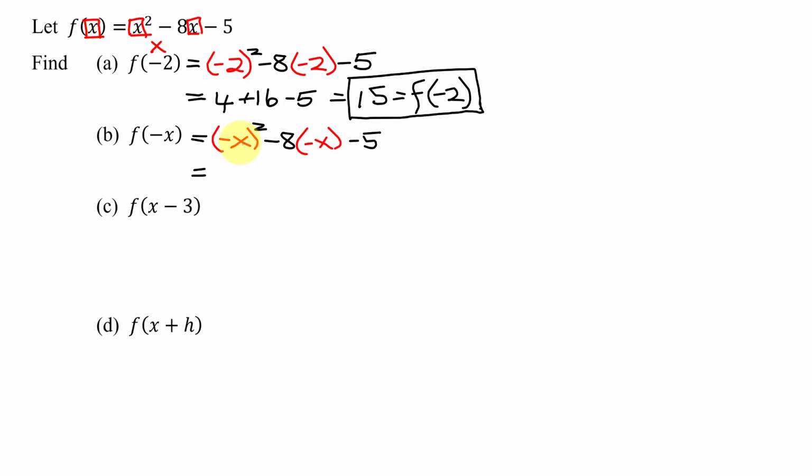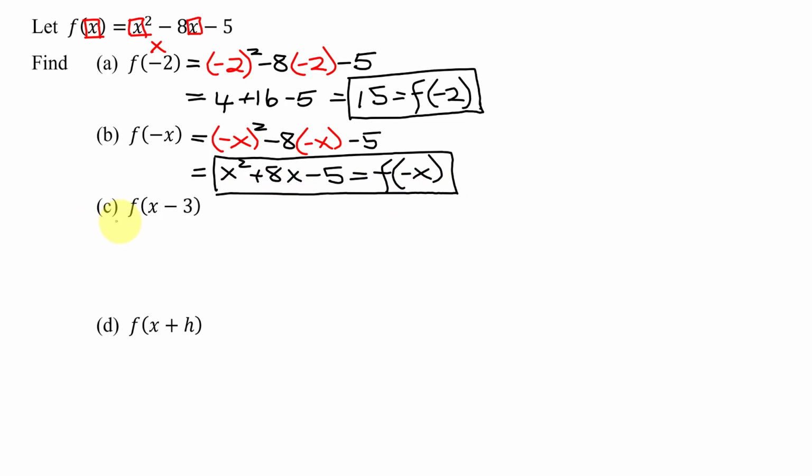So that's going to give me negative x all squared is negative x times negative x is positive x squared. Negative 8 times negative x is positive 8x minus 5. So that is f evaluated at negative x.